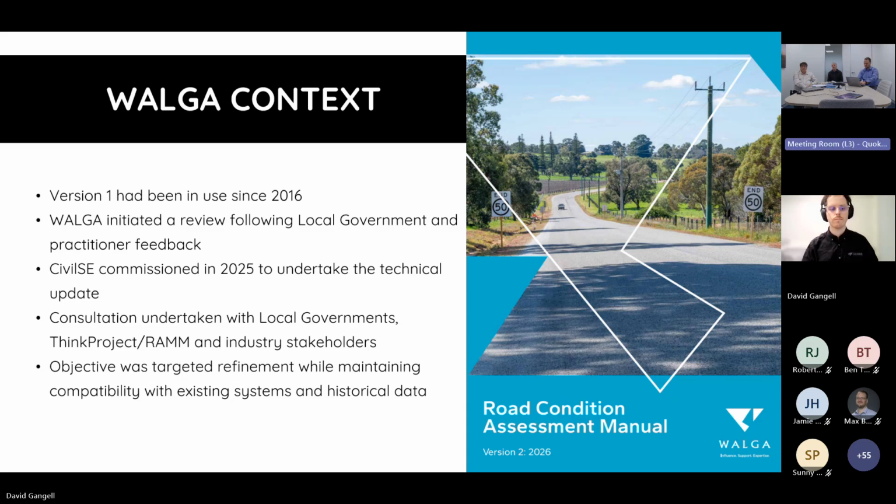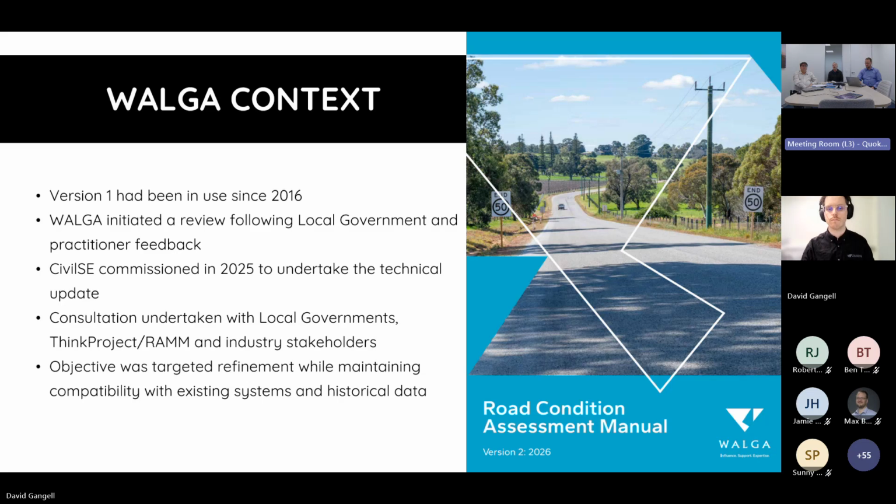So over the years, as everyone knows, the technologies available to collect and do road condition surveys have advanced dramatically. I think the days of getting out of your car with a straight edge and measuring ruts are probably long gone. Coupled with that, we did find some issues in the old manual that needed correction, and those two issues really initiated the need to review the manual.